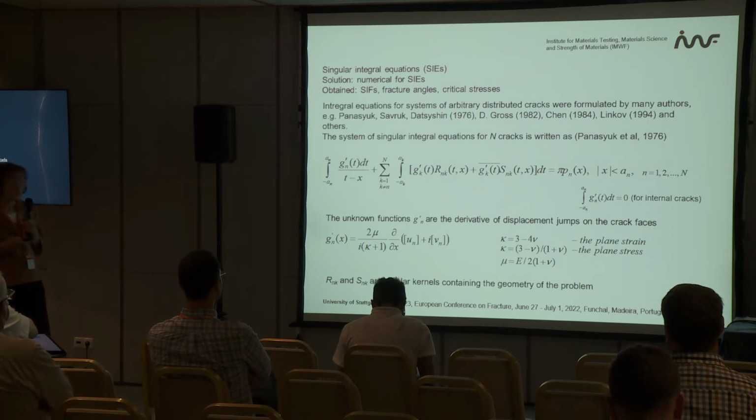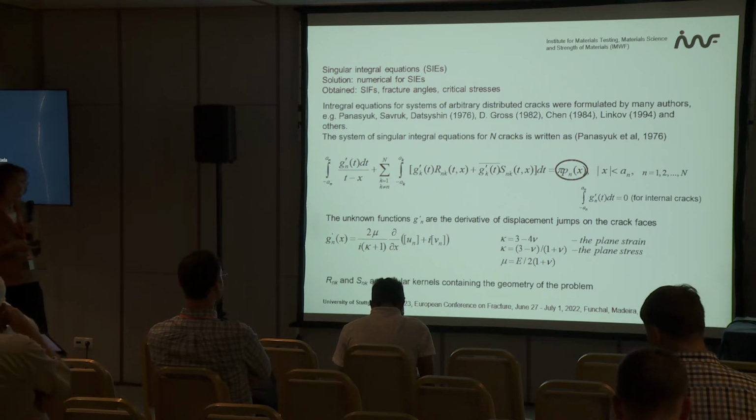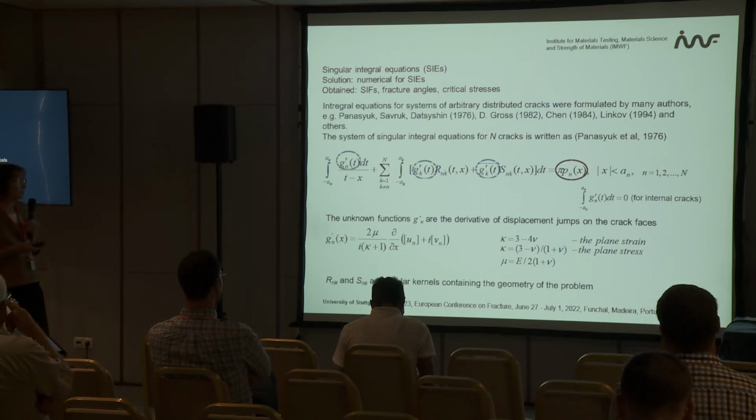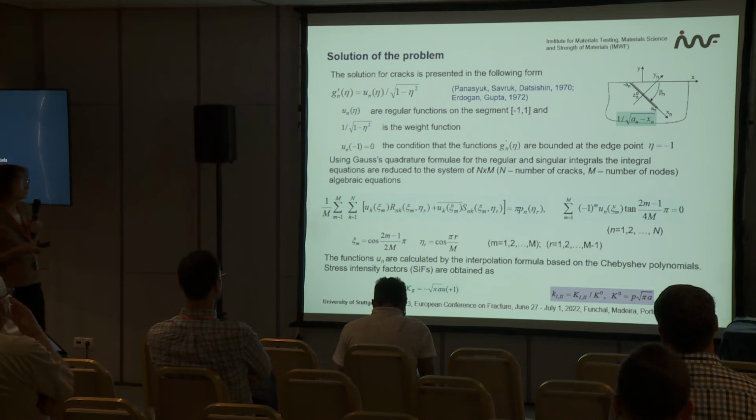Then we construct singular integral equations. The right side is the known loadings, and the unknowns are the derivatives of displacement jumps on the crack faces. After solution of these equations, we calculate stress intensity factors.